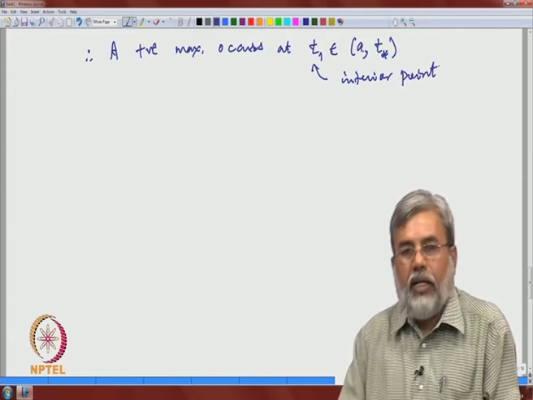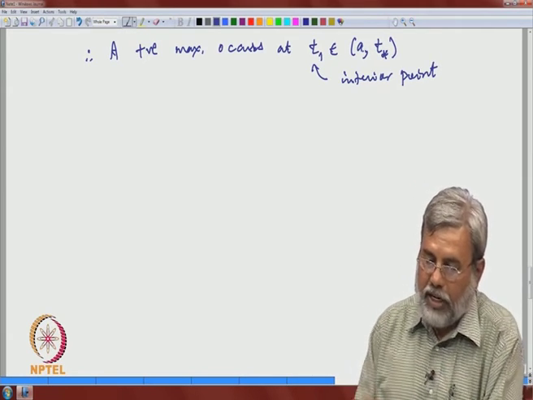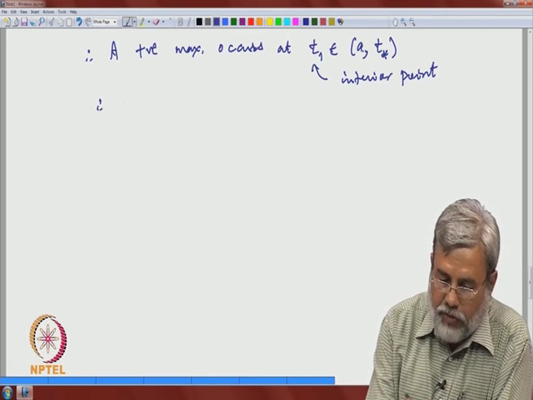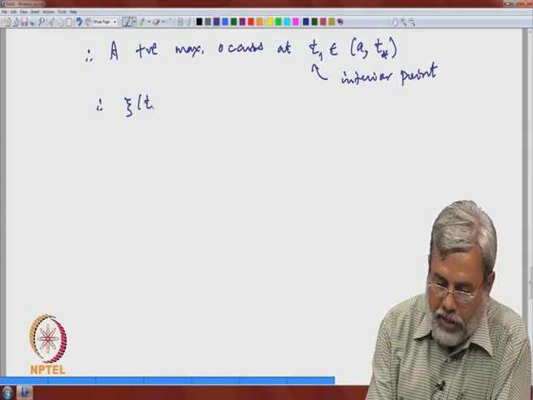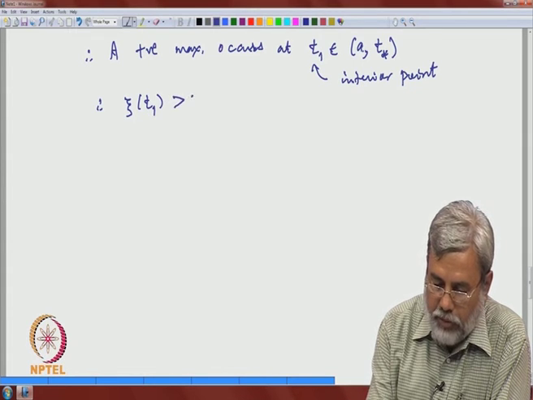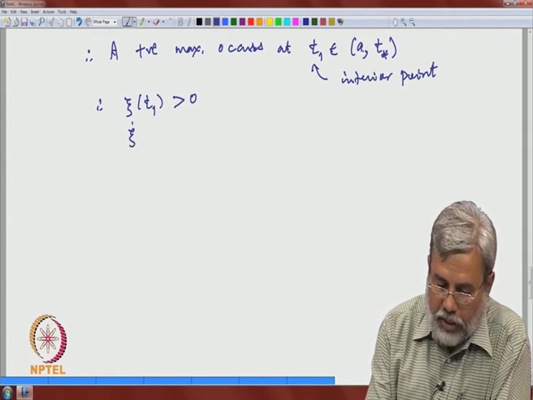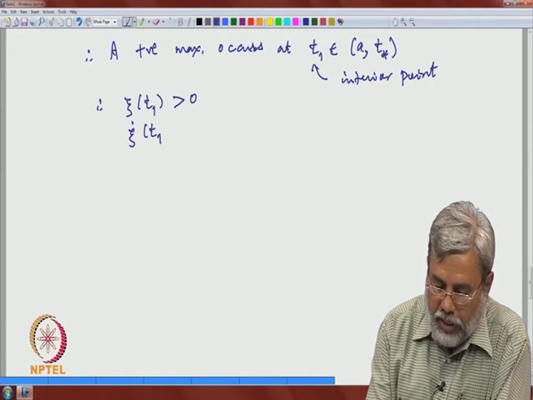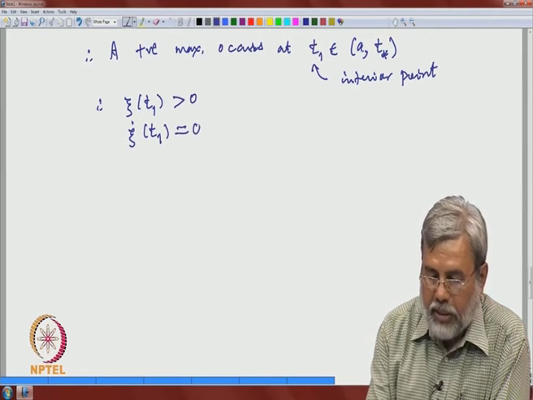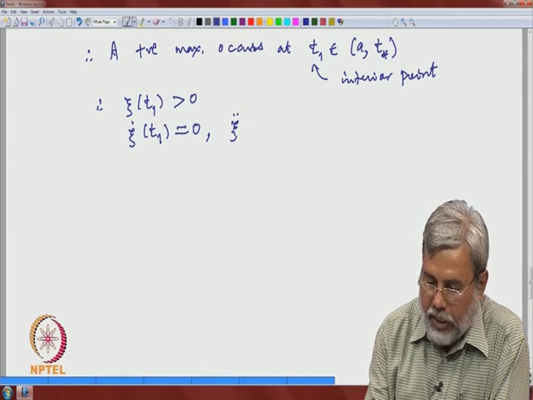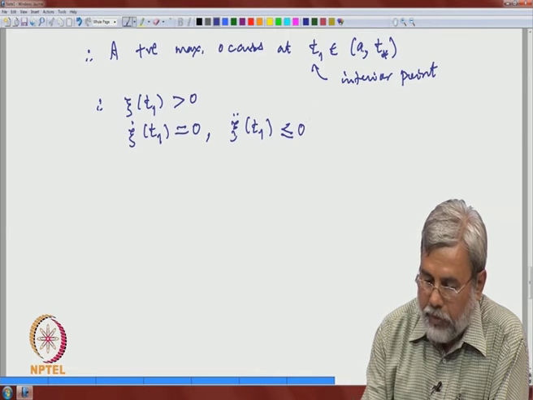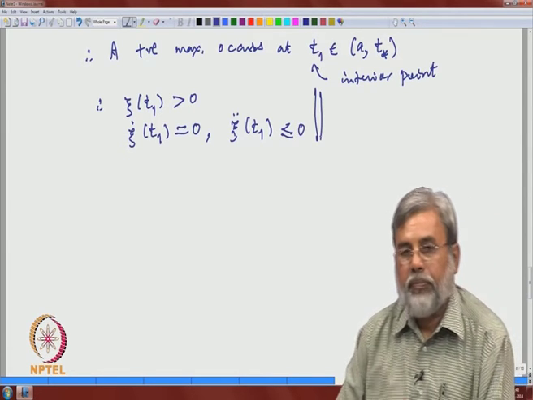So, then we know that when a maximum occurs at an interior point, we have J(T1) is strictly positive, J dot T1 is 0 because it is the maximum, and one more condition, J double dot T1 is less than or equal to 0. Okay. This is from calculus.